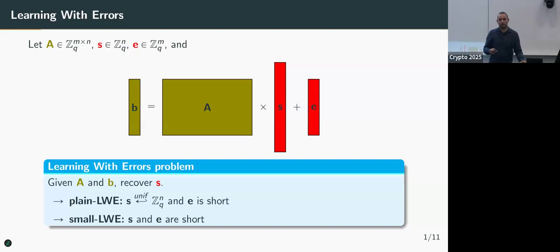What I will call the small LWE problem is when S and E are both short. Mainly we will focus on this second problem because it's the one that interests us for Kyber.